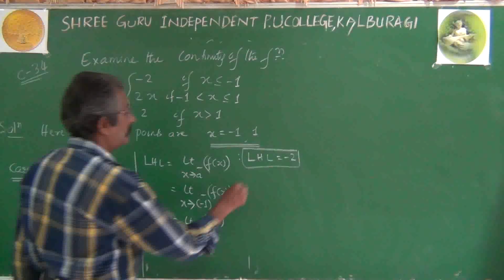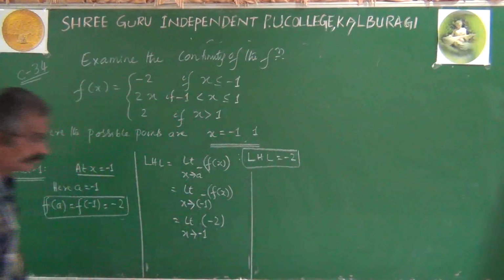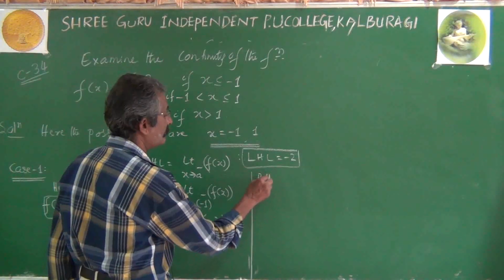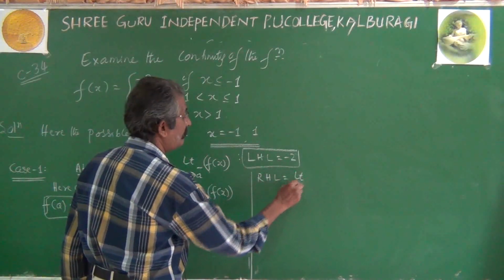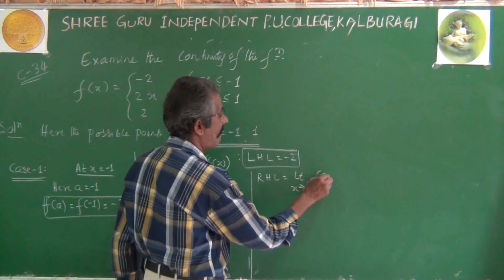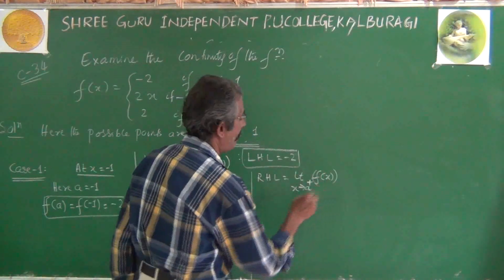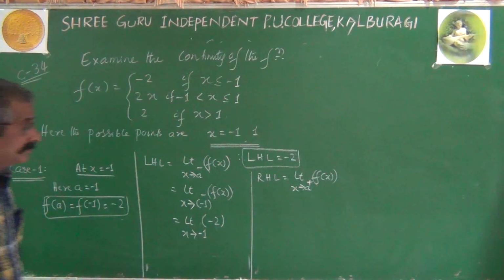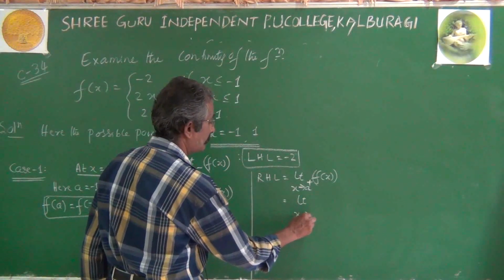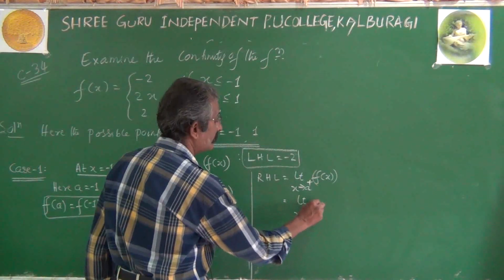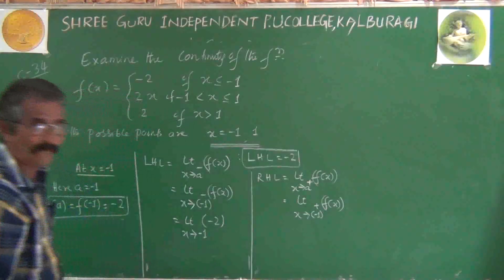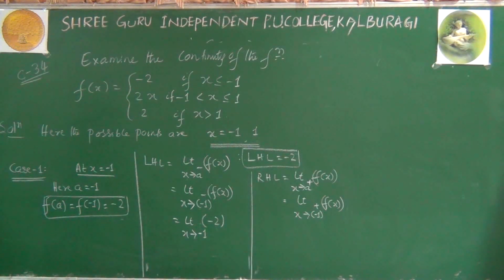We also find right hand limit in this case 1. Next, right hand limit equals limit x tending to a plus of f of x. That is limit x tending to minus 1 plus of f of x. What's the meaning of minus 1 plus?